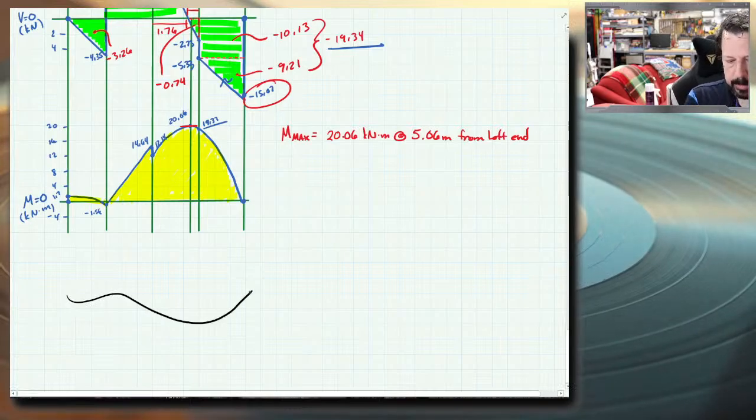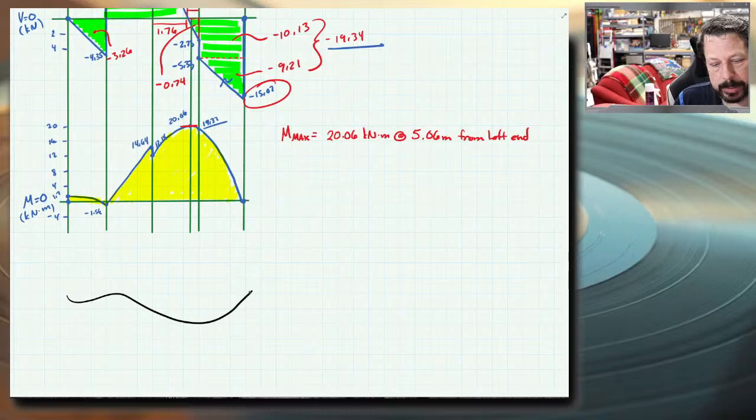Something like that. That's the exaggerated shape of the beam when it deflects. We'll get into actual beam deflection later. But the bending moment is how the beam bends, and so we can use that to get an idea of what the beam looks like.